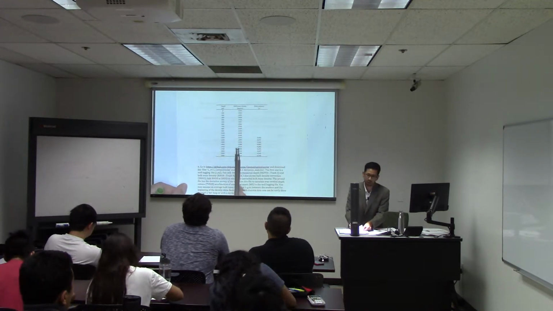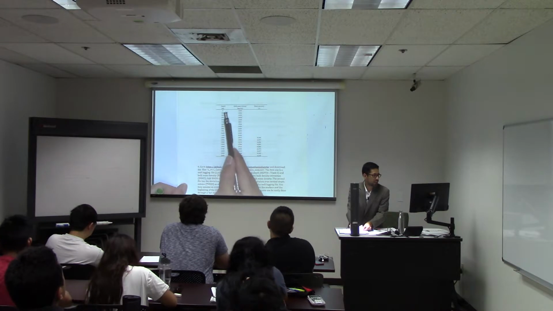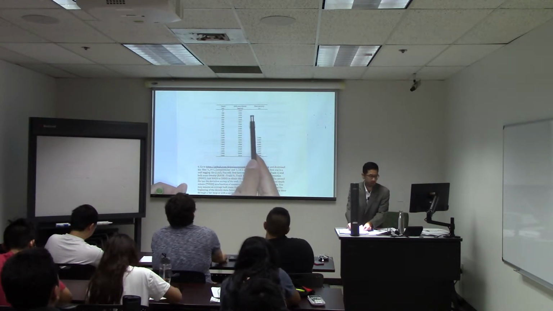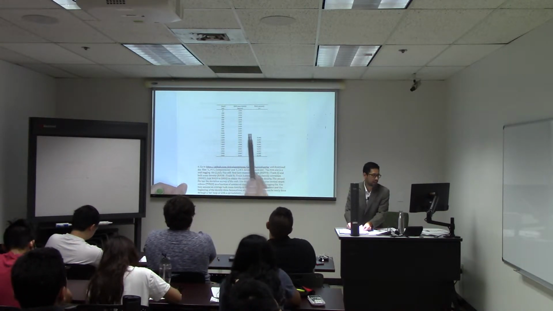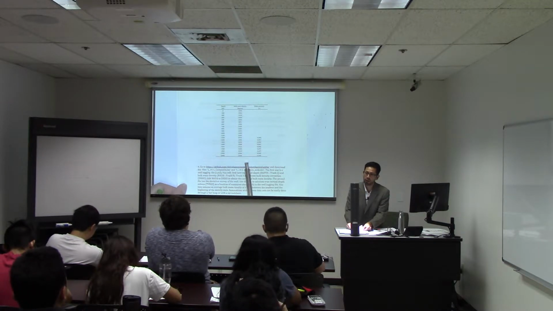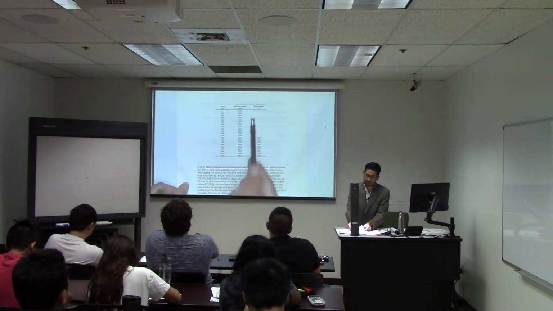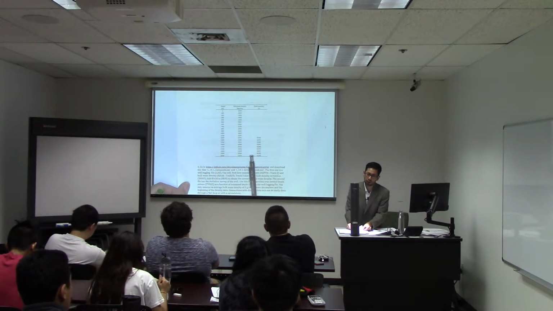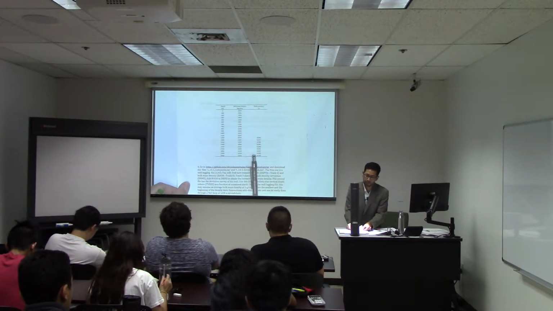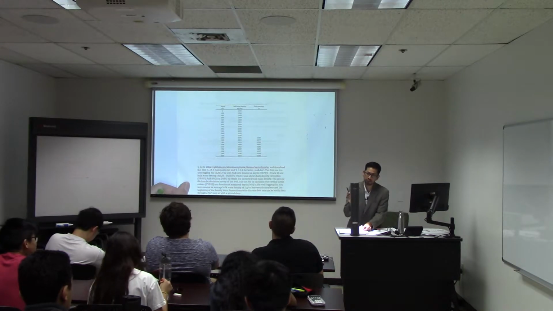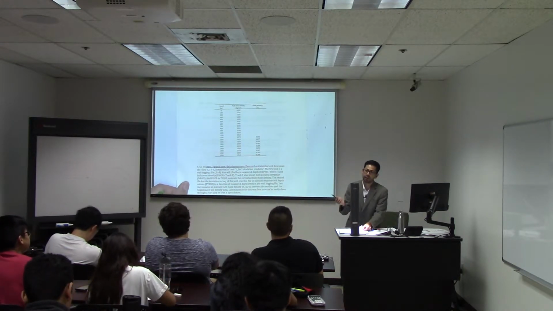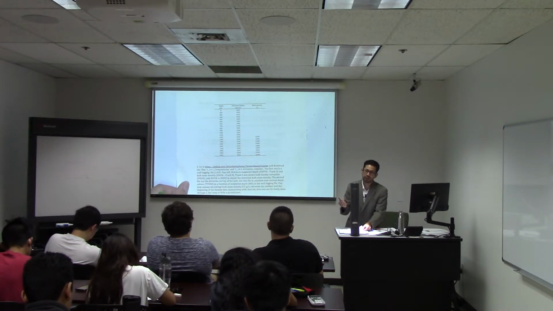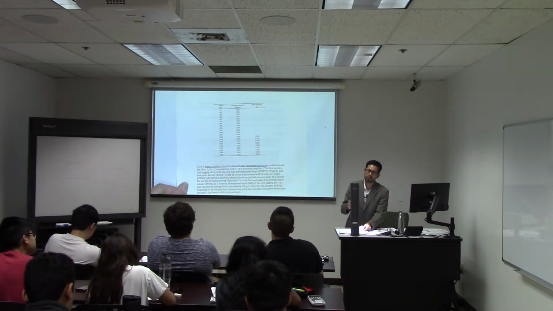You have void mass density. For each of these cells, you calculate what is the vertical stress at that location. And with porosity, you can calculate what is the effective stress. If you know what is the effective stress, you can calculate the pore pressure.